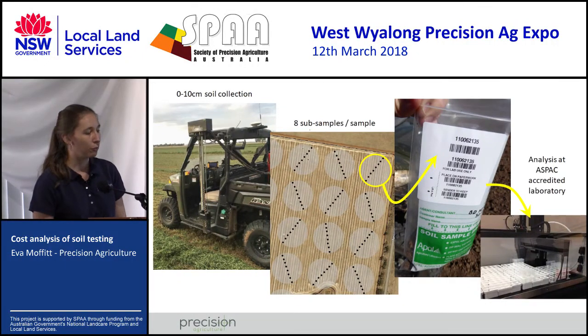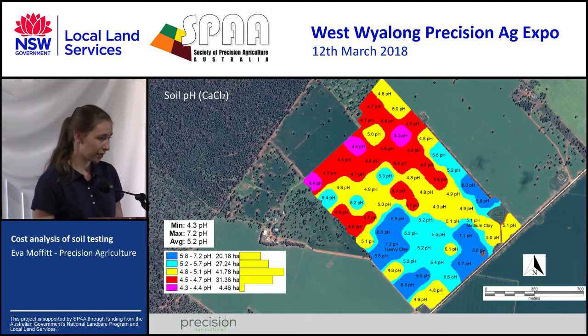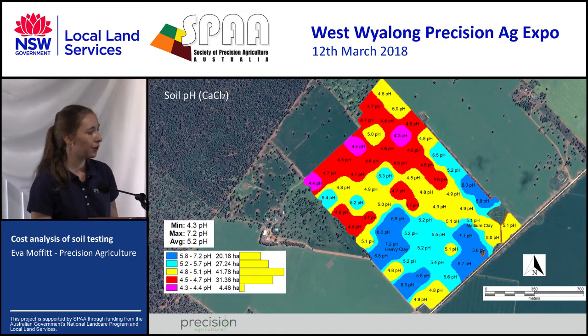We use APAL Ag Laboratory in Adelaide, and we have quite a good relationship with APAL, and they're set up to take bulk soil samples and fit what we do. We take the soil samples, and 2 to 3 weeks later we get our results and map those up. In this example paddock you can see there's quite a bit of variation in the pH.